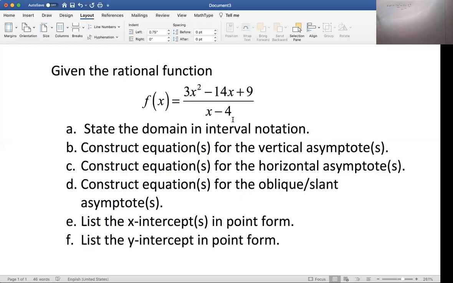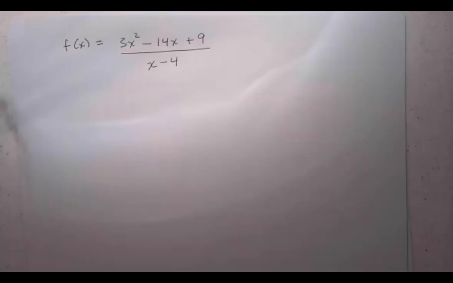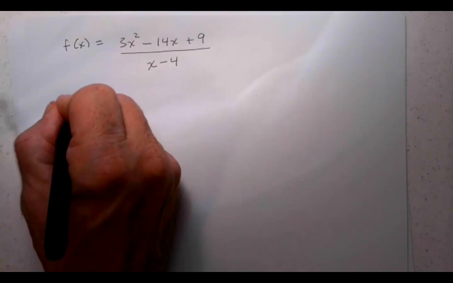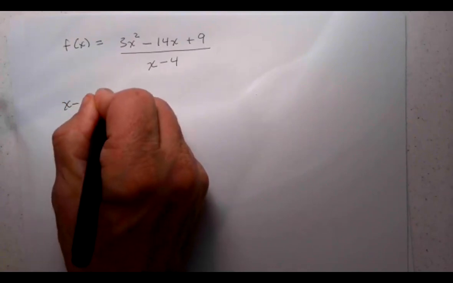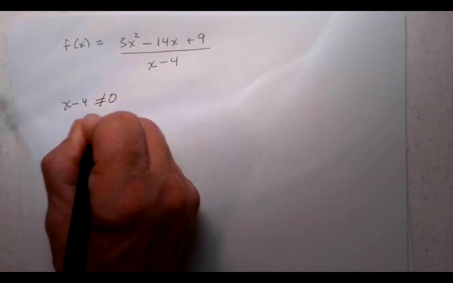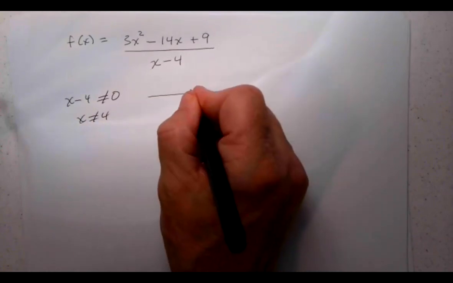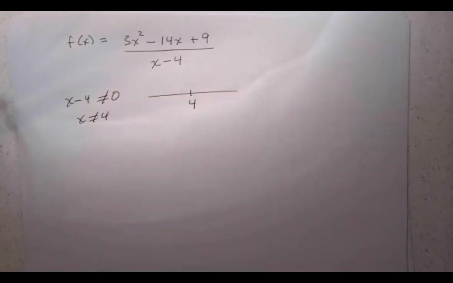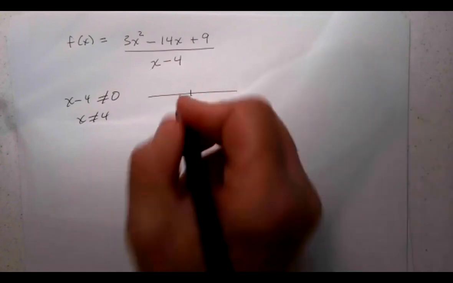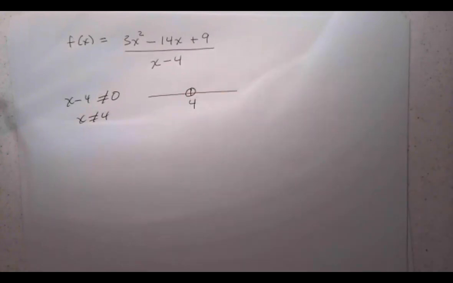Remember, you cannot divide by 0. So x minus 4 cannot be 0. So I'm thinking of the domain. x minus 4 cannot be 0, x cannot be 4. So we need to remove 4 from the set of real numbers. So 4 is removed.